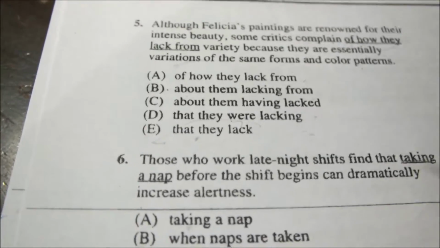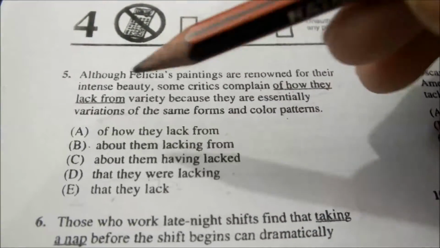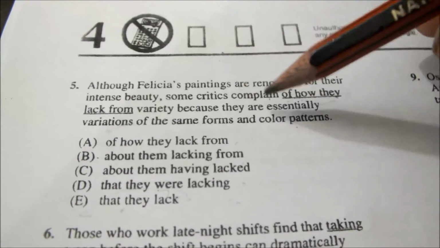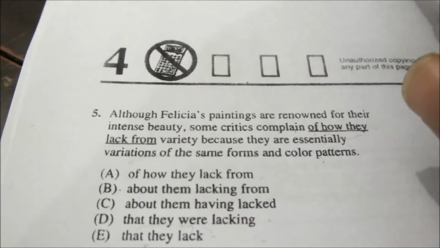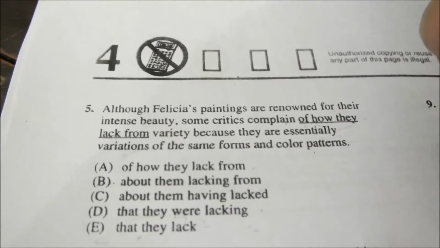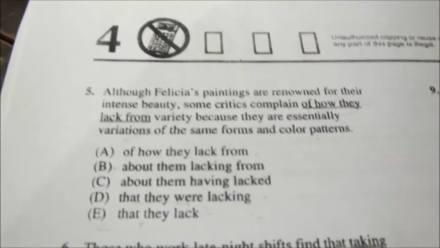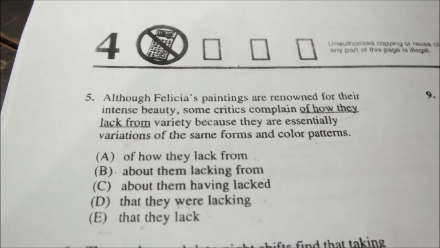In this case, if you plug it into the sentence, you would get, "Although Felicia's paintings are renowned for their intense beauty, some critics complain that they lack variety." See, the sentence still makes sense, and it makes better sense now, because you do not need "how they lack from." You could simply use "that they lack." So yeah, that one would be the better sentence.